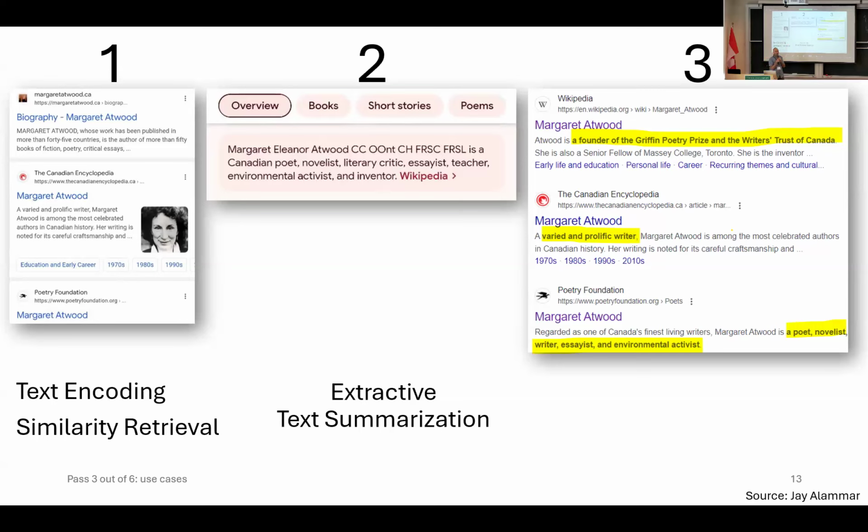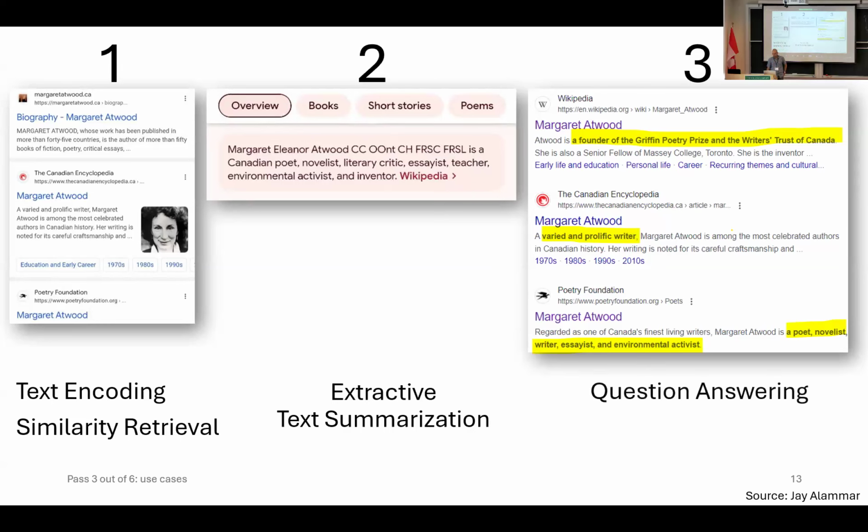So maybe in the original Wikipedia paragraph, there's also the birthday, and where she was born and these sort of things, as is typically the case on Wikipedia. But as you can see, those parts were removed, right?